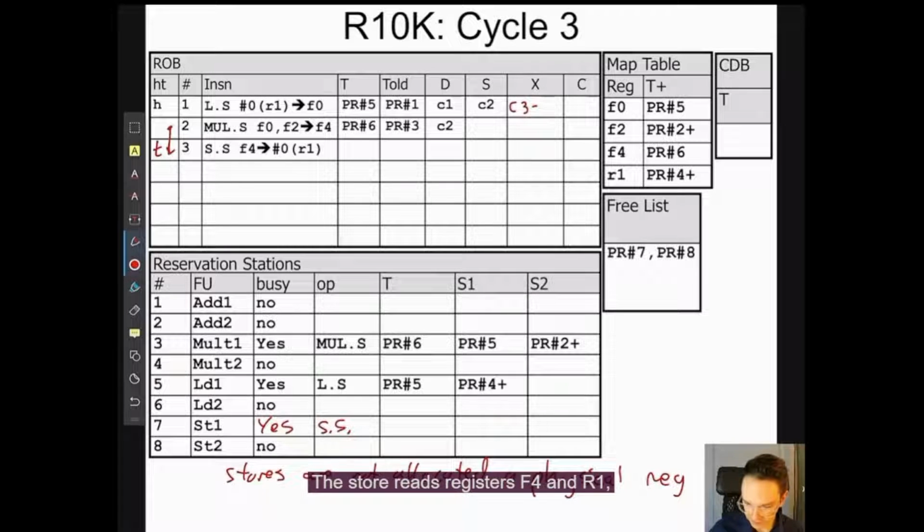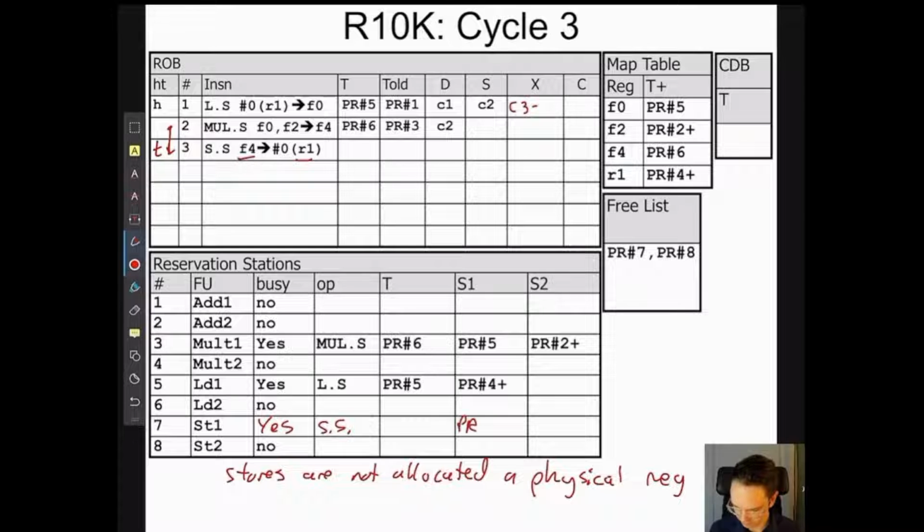The store reads registers F4 and R1, so we look up their tags and copy them into the operand tag fields in the reservation station entry, where register R1 is ready, but F4 is not ready.